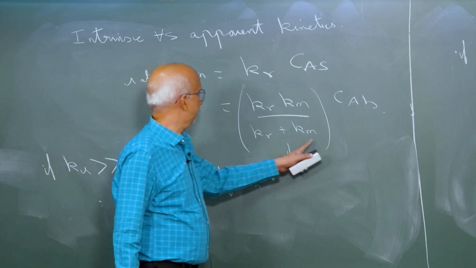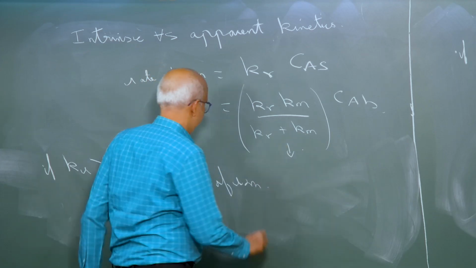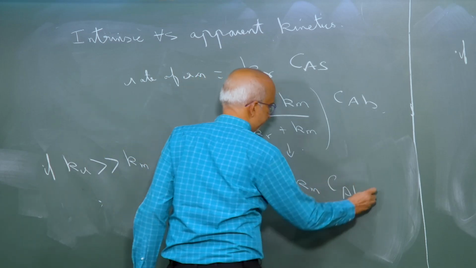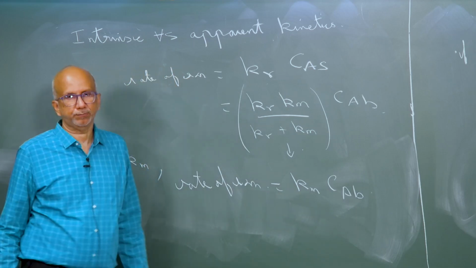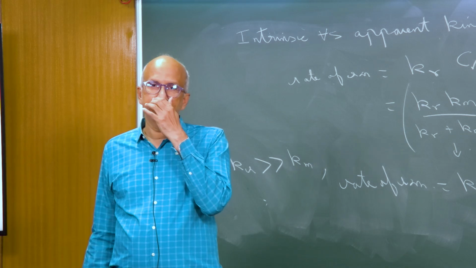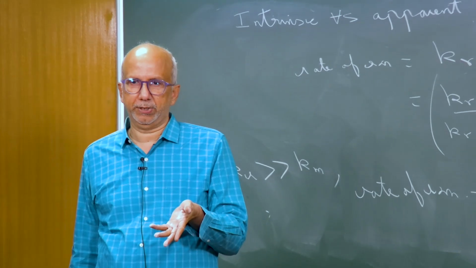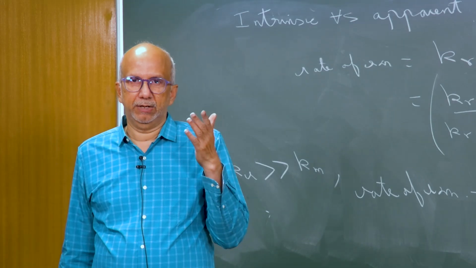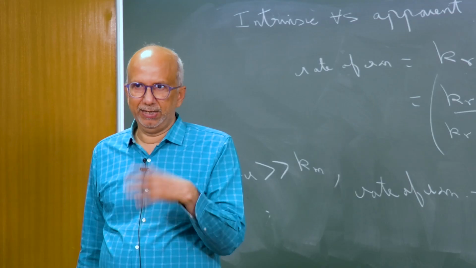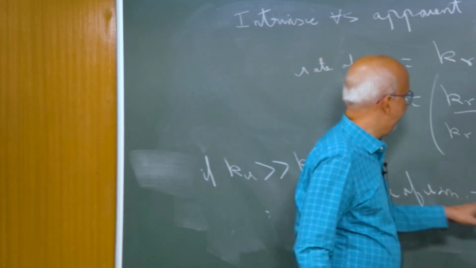I will neglect Km, I will keep Kr here, and what I get is equal to Km into CAB. So, now the external mass transfer resistance is the one which is rate controlling, okay, and therefore, because whatever is coming to the surface is immediately getting consumed, it is very fast, what you are measuring is going to be Km.